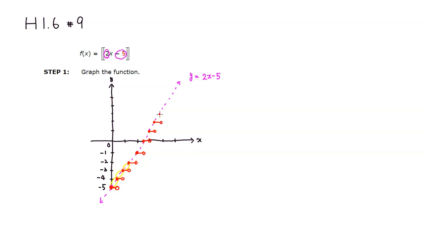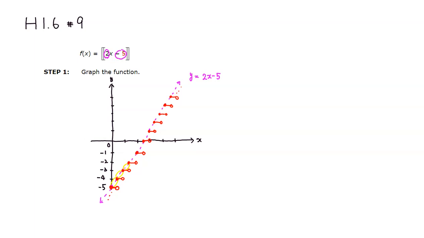When you hit 3, it stays like that. When you hit 4, it stays, and when you hit 5, and so on. You can see that this pattern just keeps on going both ways. So this is how you sketch the graph of the greatest integer function of 2x minus 5.